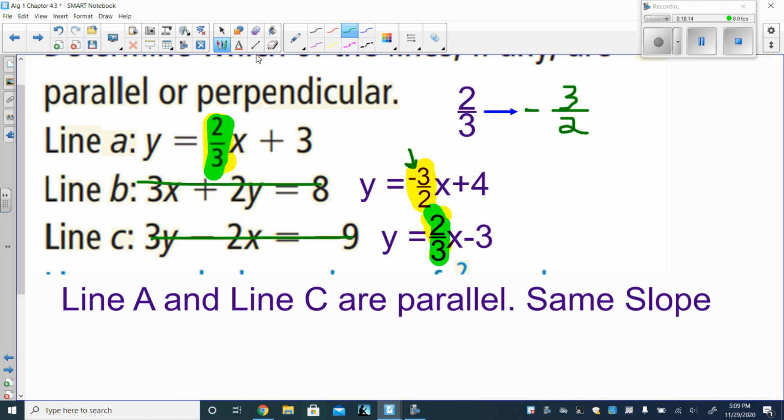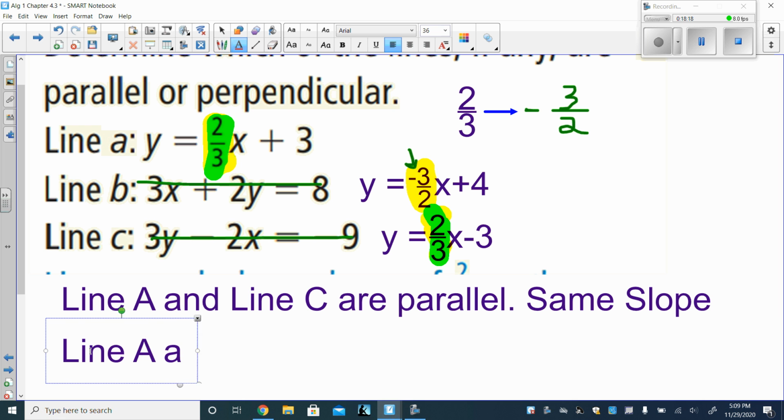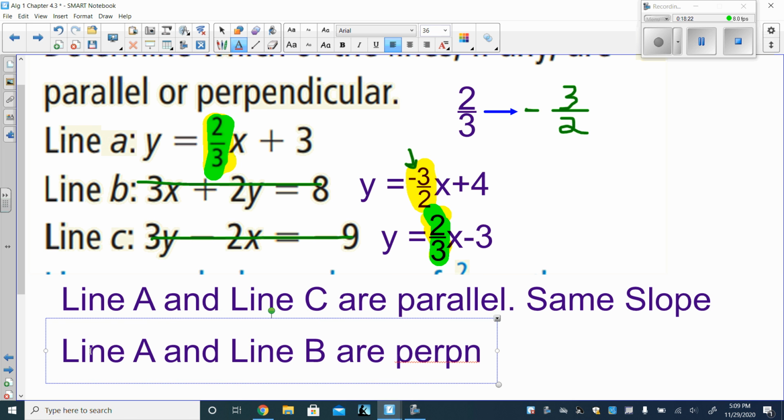So what that means for us is that line A and line B are perpendicular. They are perpendicular to each other because they have opposite reciprocal slopes.